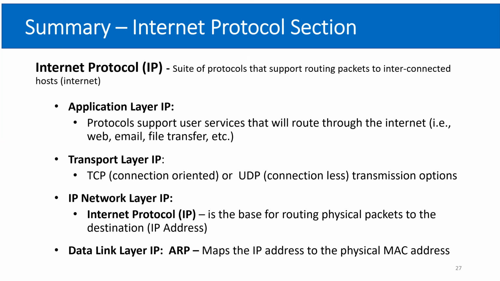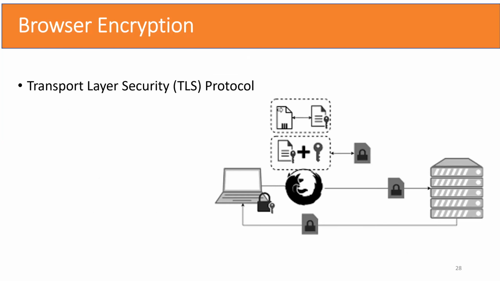And then the data link layer is where ARP comes in and says, okay, I got a packet. It has an IP address. I now need to map that to a MAC address. What physical device do I have to send this to on my end? And that's where we're going to end part 2.